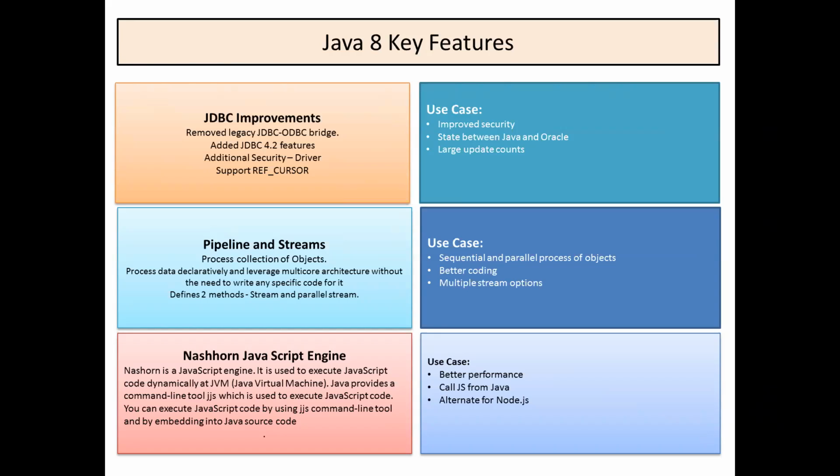And they have improved some security features. There were some security issues in Java. Imagine you open a connection from your application to the database. Once the connection is established, a path is formed between your application and your database.